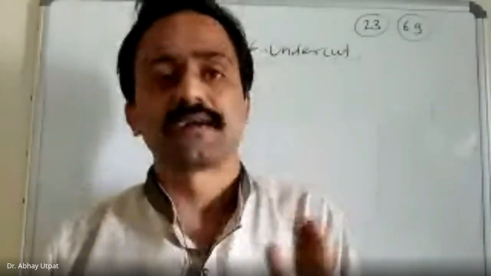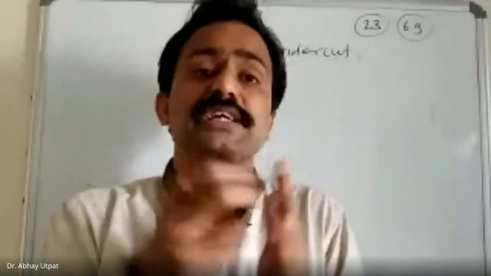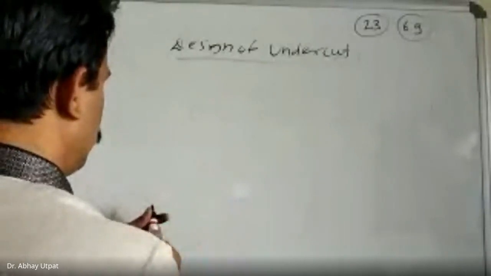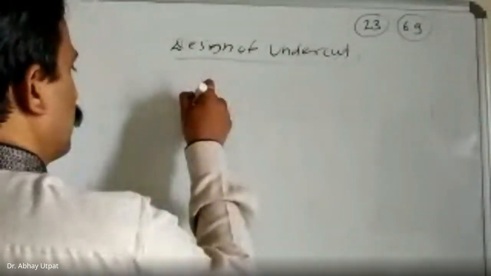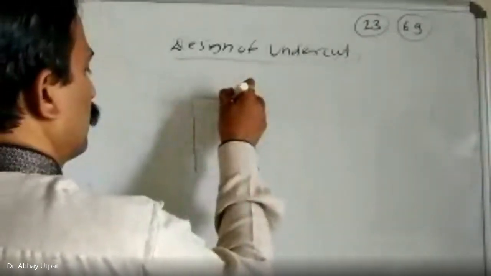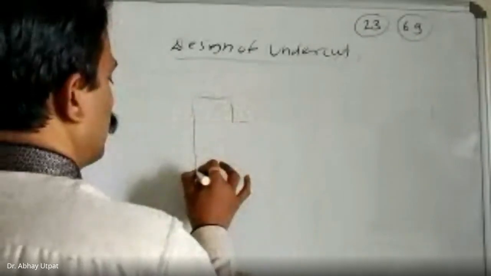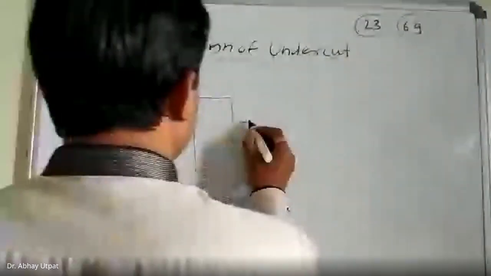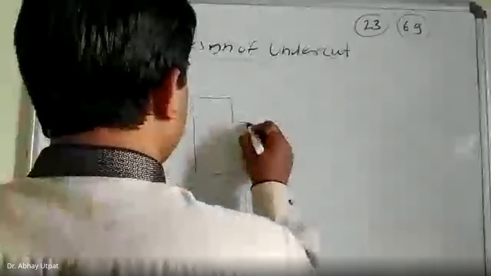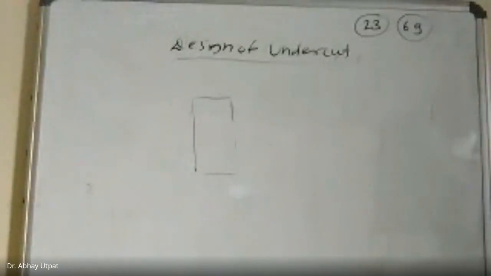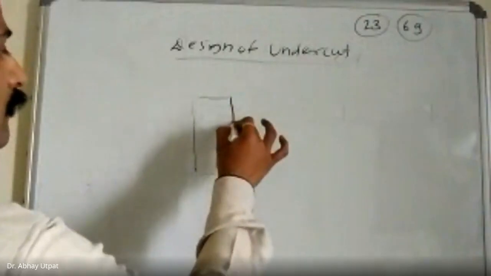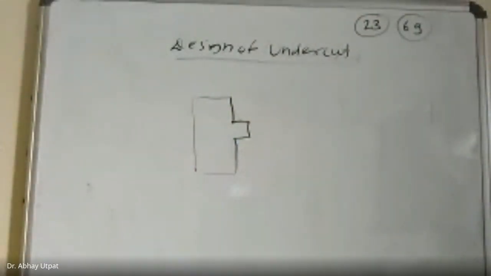If it is having undercut, it means what? Some extended part which gets locked in the mold. For example, now see this figure.